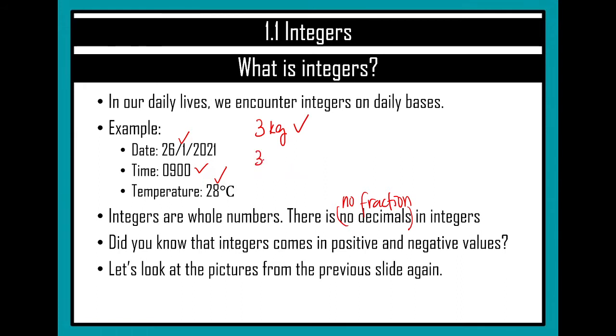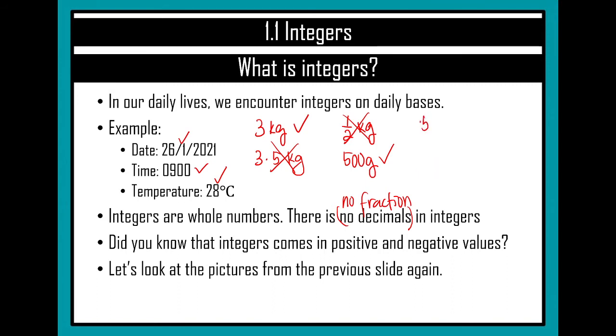But if it's 3.5 kilogram, then this is not integer. If I say half a kilo, this is not integer. But 500 gram, this one is integer.